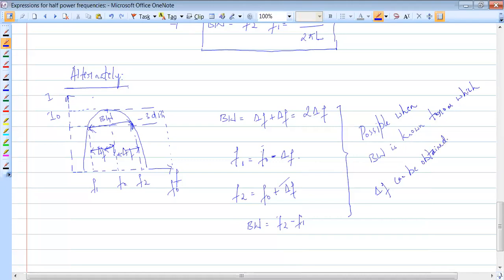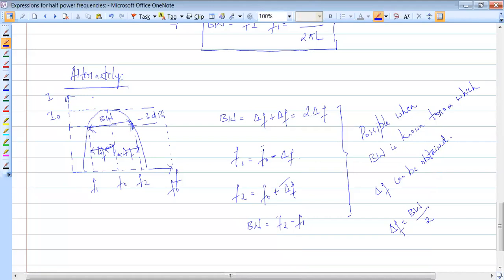What is delta f if we know bandwidth? Bandwidth divided by 2 would be your delta f. So this is how we can do it.